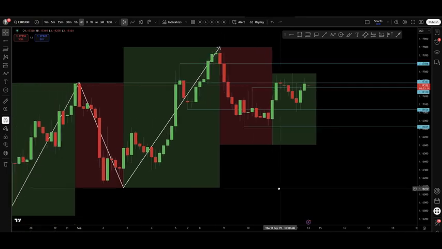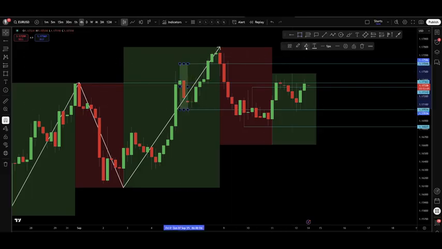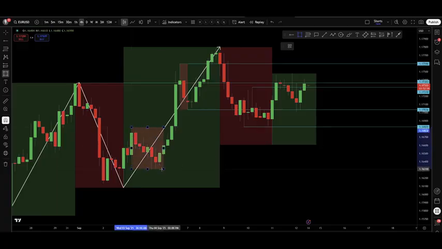Because guess what? Inside this uptrend, there are also bearish ranges, and then bullish ranges.